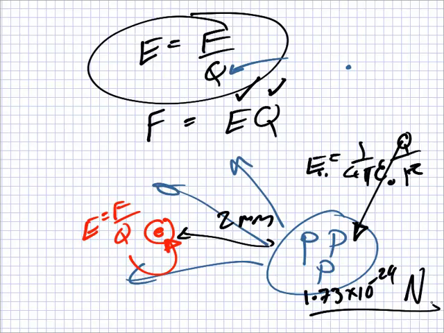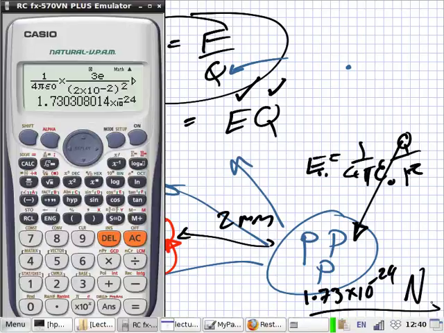You got 10 to the what? 22. What did I get? I guess the same. 2 or 4? 1.7 times 10 to the 24? Yeah, 24. Oh, bad teacher.